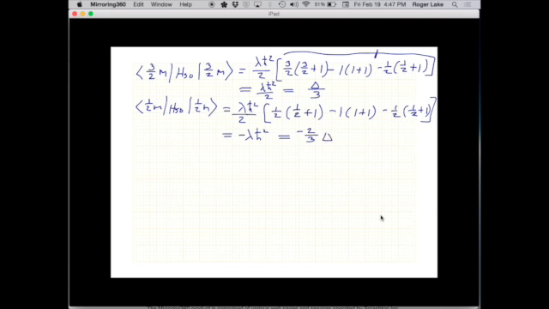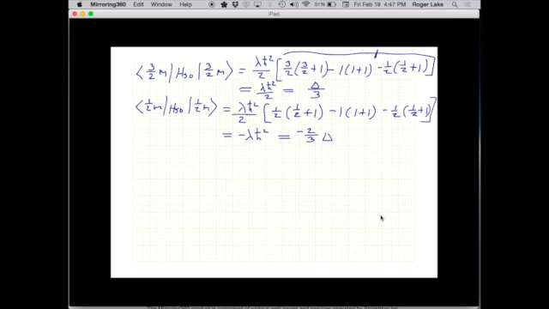And so we had 4 3/2 states and 2 1/2 states. And so the 4 3/2 states all have the same energy. Write that down. So we now have the diagonal elements.